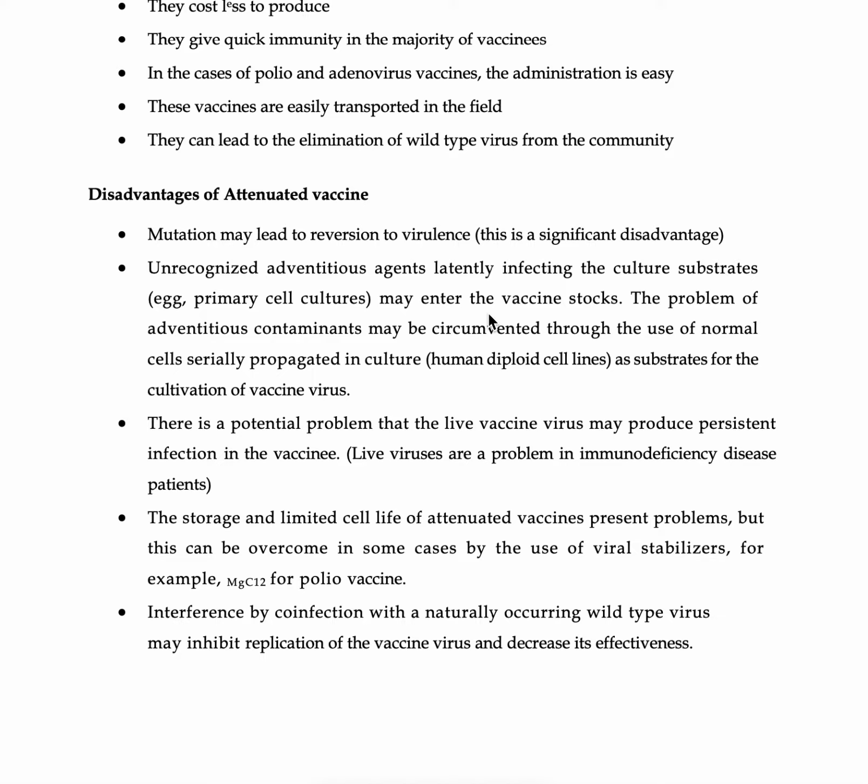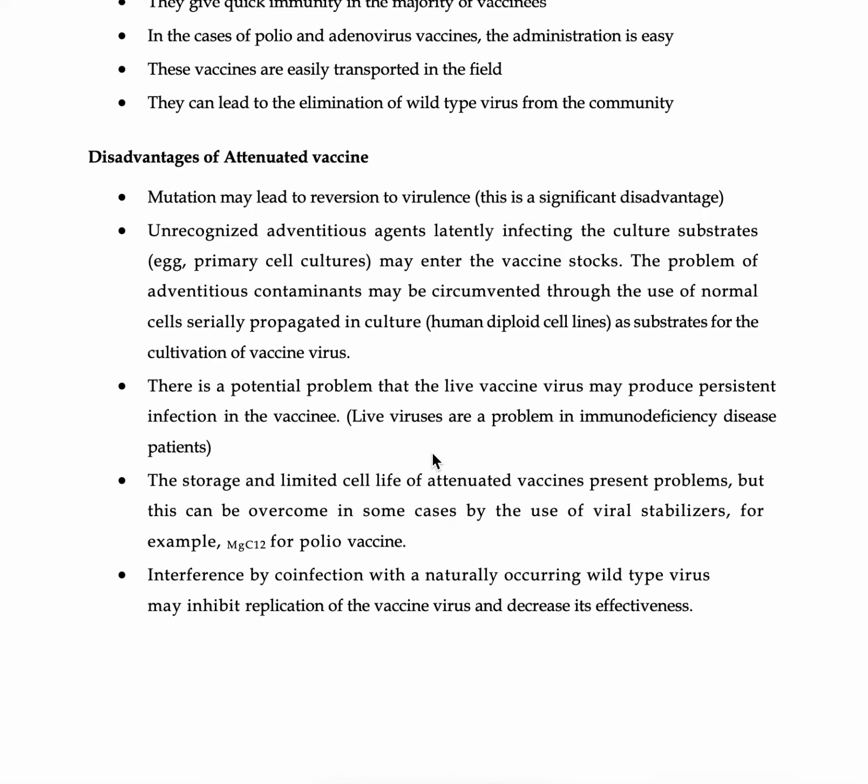So instead of using a primary cell line, if we use a normal cell line, there is a chance that the normal cell line will contain fewer of those adventitious agents. So in that case, we can prevent these adventitious agents from contaminating our vaccine.